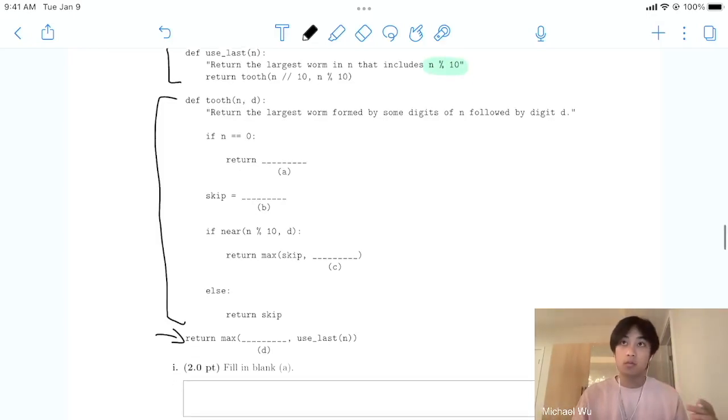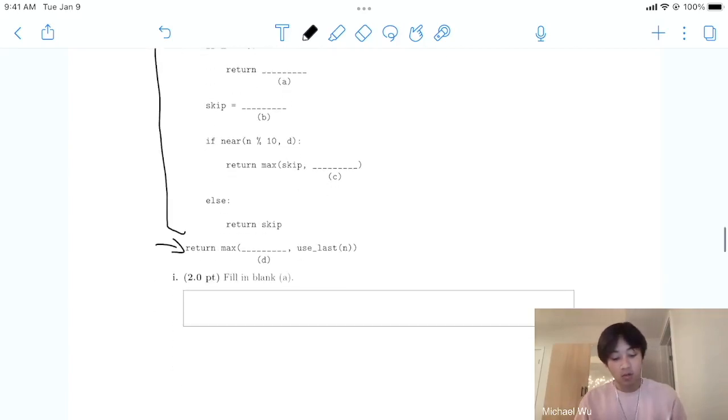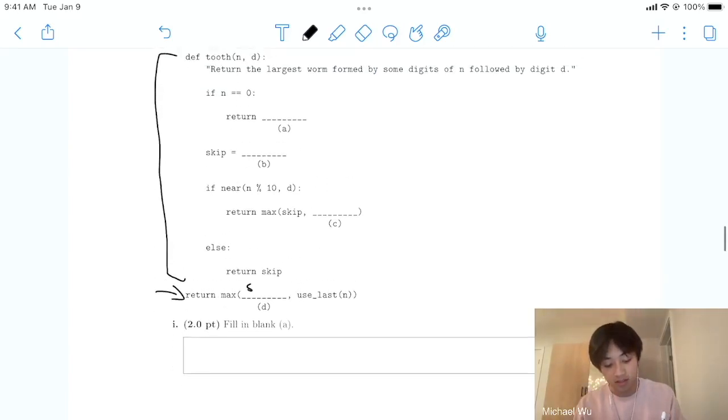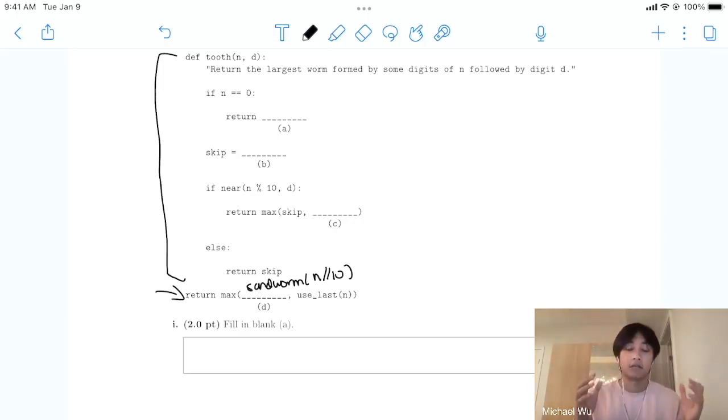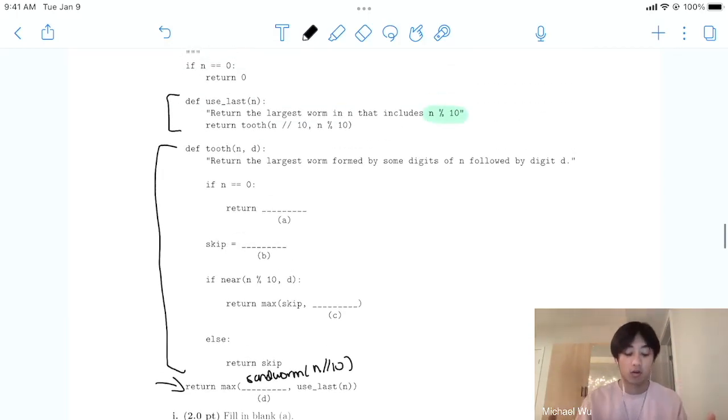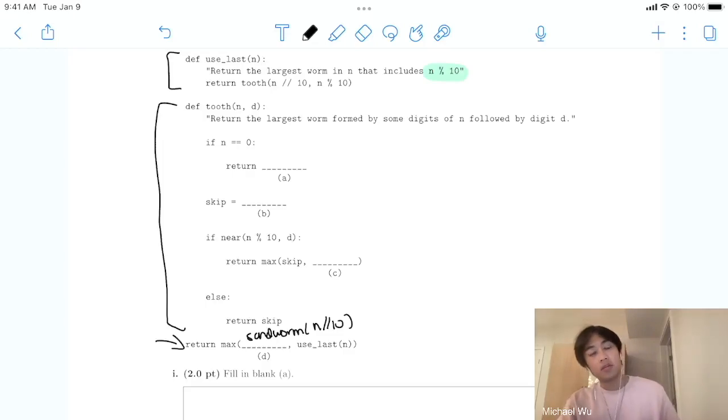So if we take the max of the worm that uses the last digit and the worm that doesn't use the last digit, the way we get the worm that doesn't use the last digit is just by calling sandworm on n floor div 10, right? Because that returns the largest worm of n, but n in this case doesn't include our last digit anymore. This is a really important pattern to recognize and feel comfortable with using.